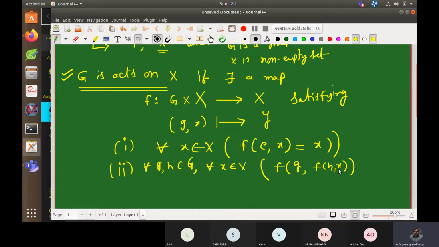First h acting on x, and f of h x is an element of capital X. Now g acting on that element. So what is it that we are predicting now? I remove this bracket, right? No, I have to put that bracket. So this is equal to, what is that? Somebody can tell me what you are predicting? So first acting h on x, then acting g on that is the same as, some prediction you can make.